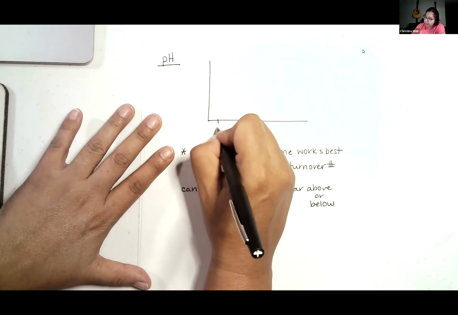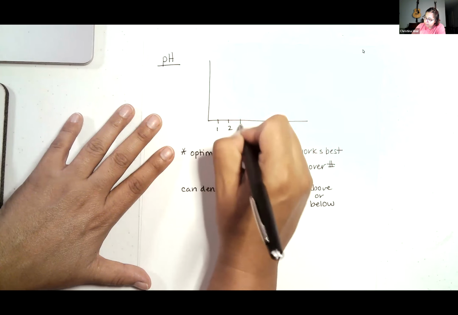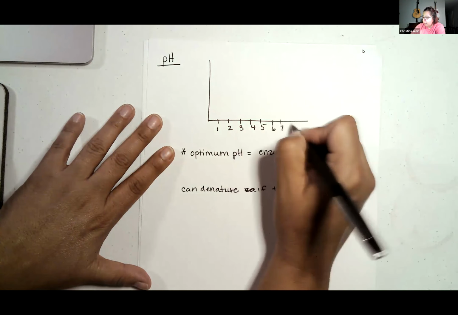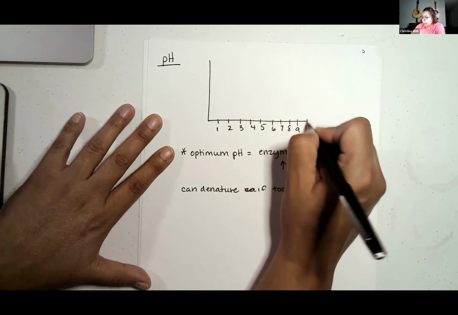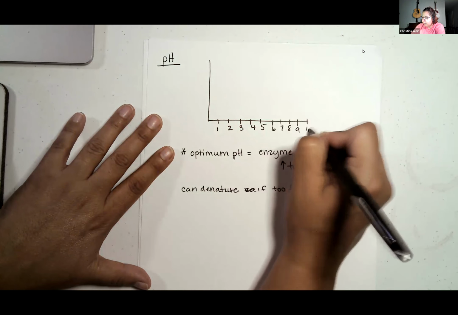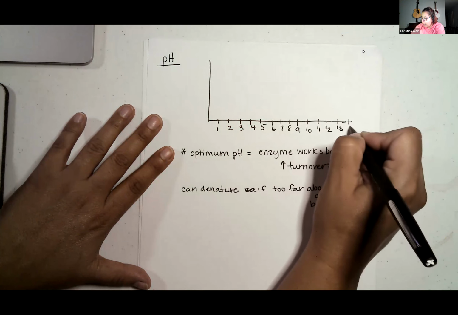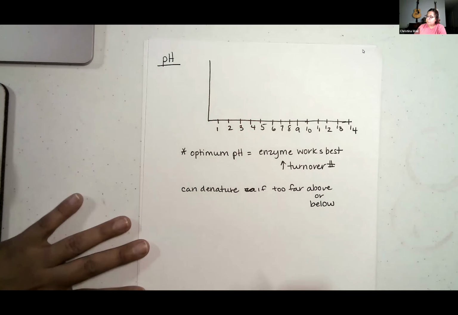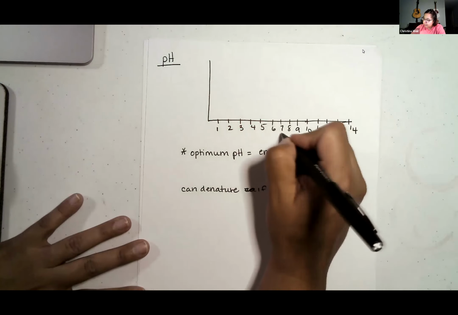So I'm going to put a pH scale here. You've probably heard of the pH scale before. It measures how acidic something is, and it's based on a scale of 1 to 14, 7 being right in the middle.